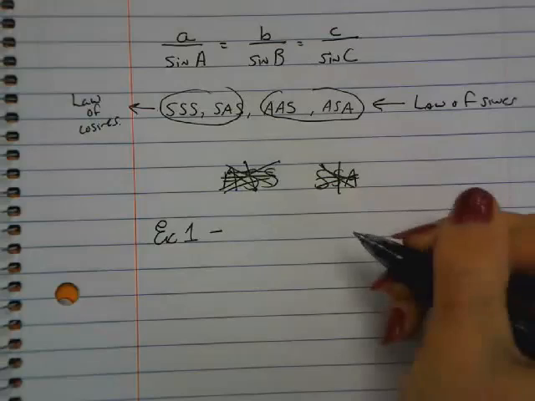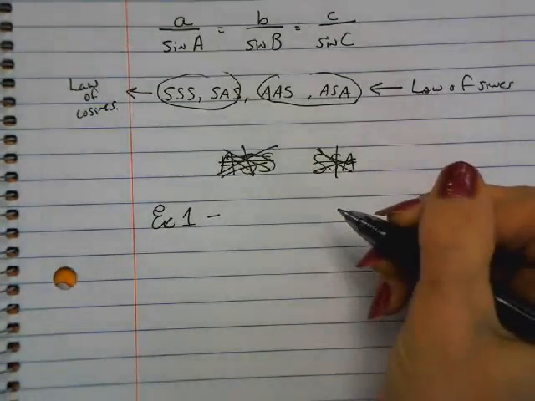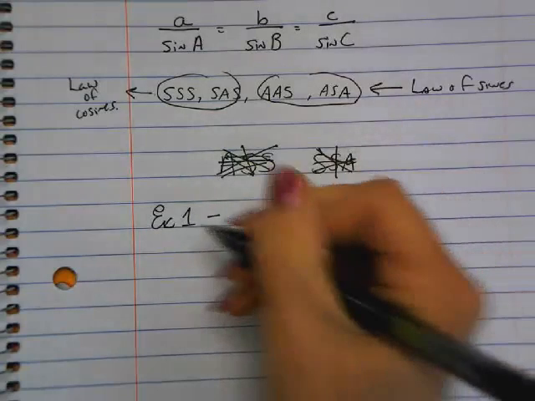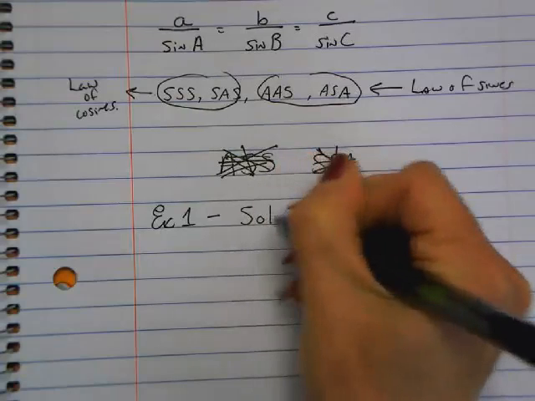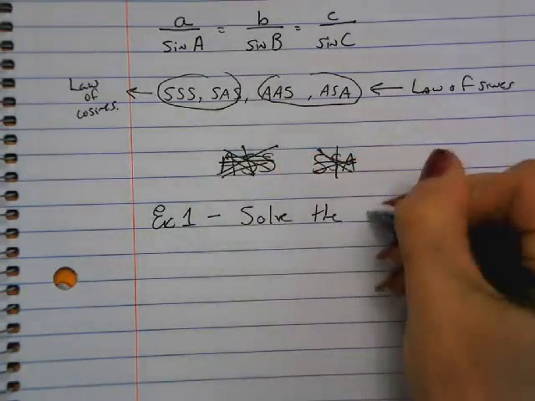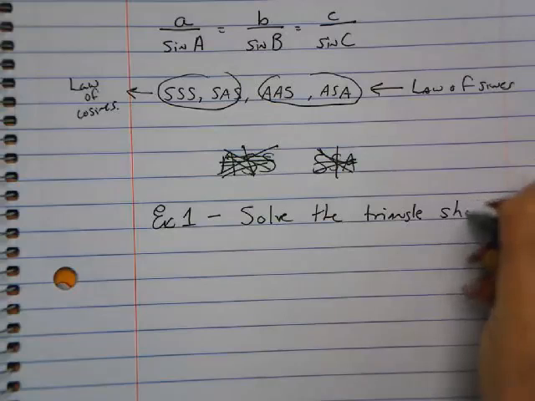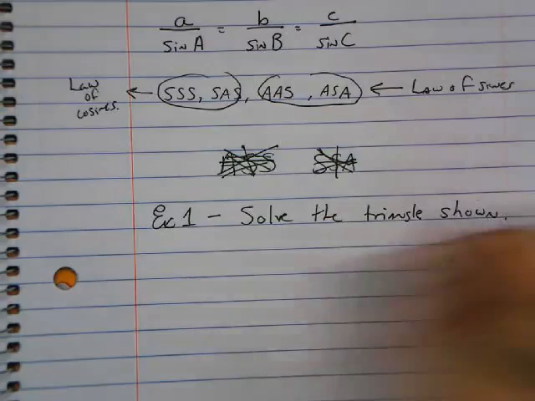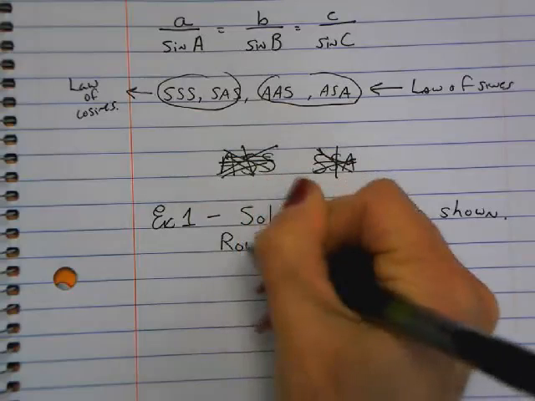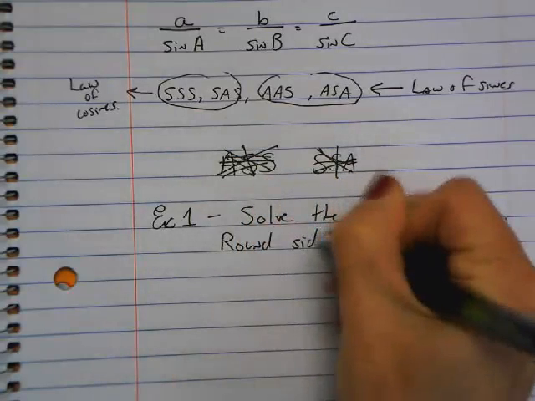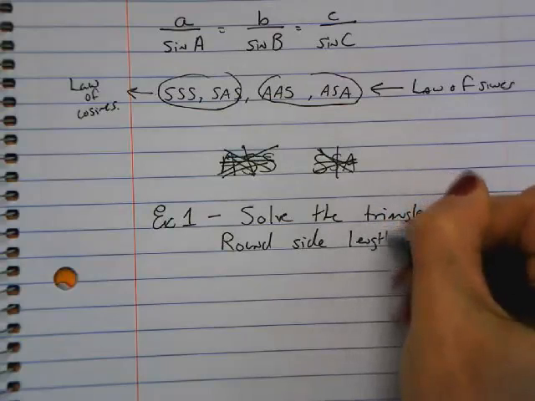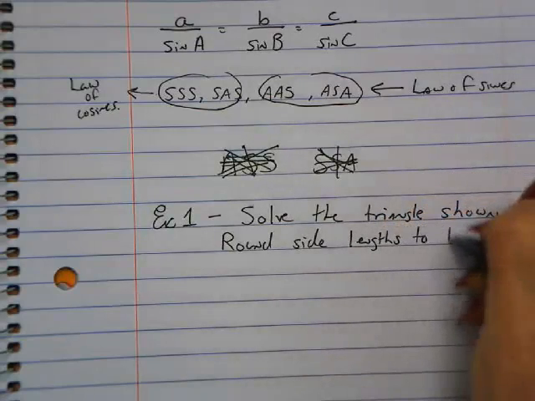Example 1. It's going to say, solve the triangle shown. Round side lengths to the nearest tenth.